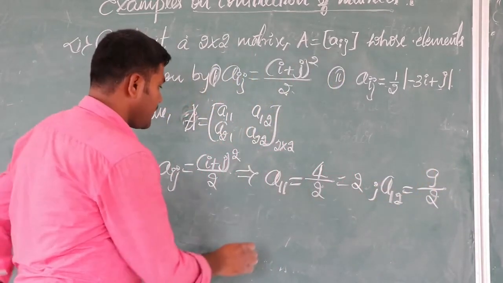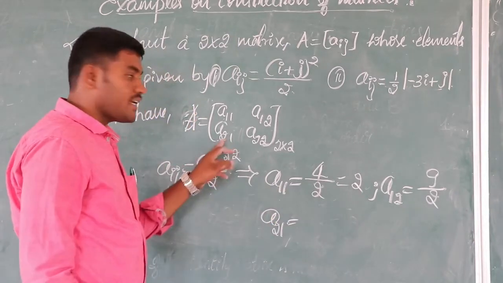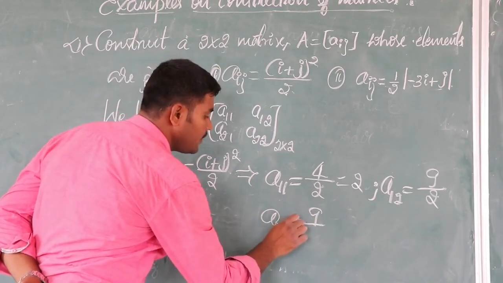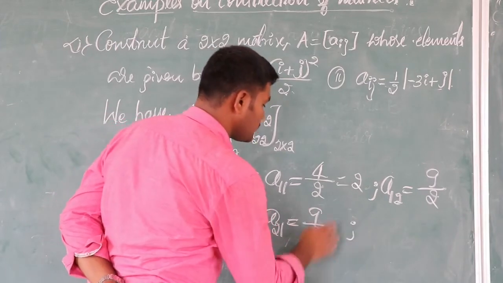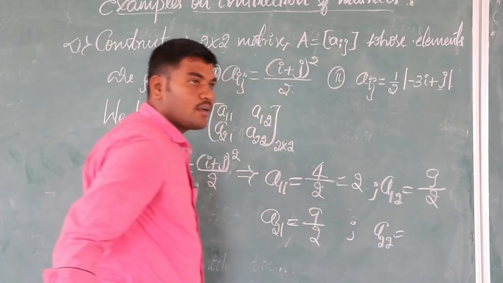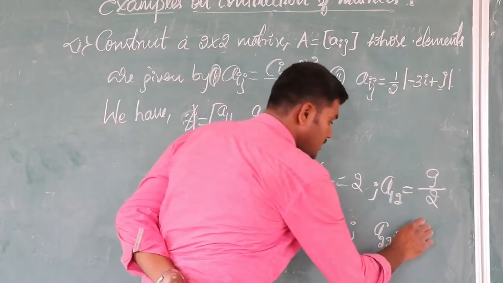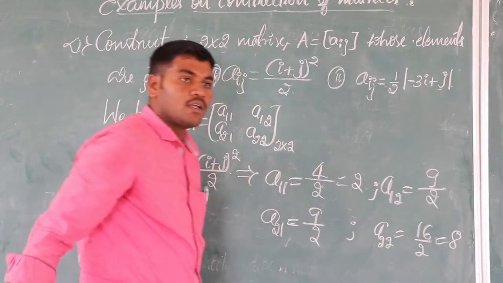Next row, element a21: (2 + 1)², which is 3 squared, that is 9, divided by 2. The last element, a22: (2 + 2)², that is 16, divided by 2.